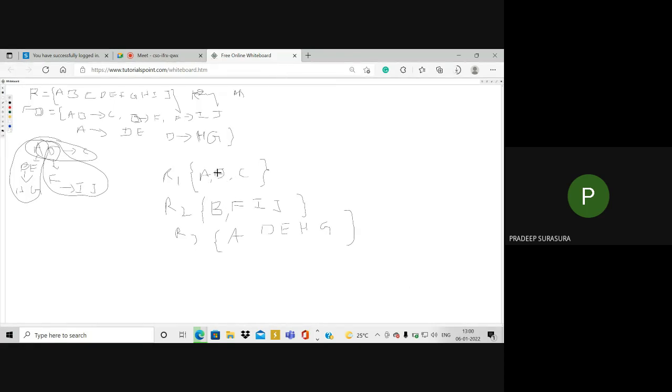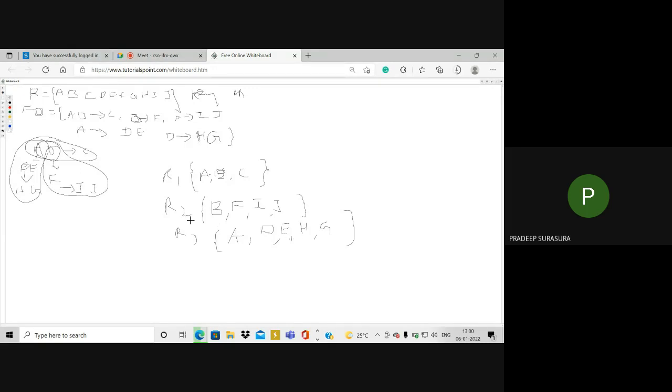Write the third normal form definition. A relation R is said to be in 3NF if it satisfies second normal form and no non-prime attribute is transitively dependent on the key.